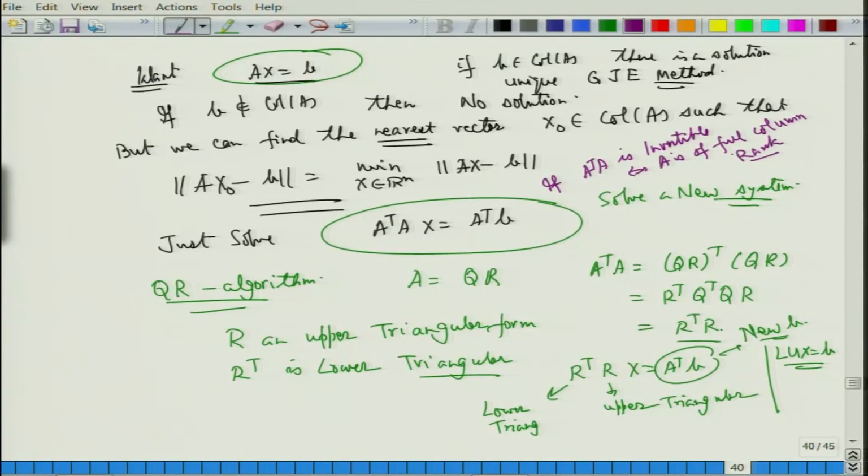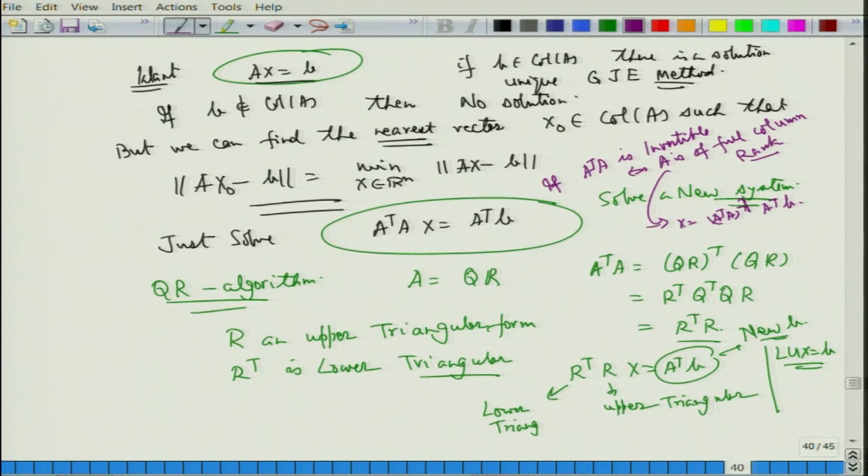So, if A transpose A is invertible, then this will imply that x is equal to A transpose A inverse A transpose b, fine. If it is not invertible, then we can solve it using what is called a pseudo inverse or the Moore-Penrose inverse, but that is not in our syllabus, all right. For us the syllabus is that only to pick those A's for which A transpose A is invertible, all right.